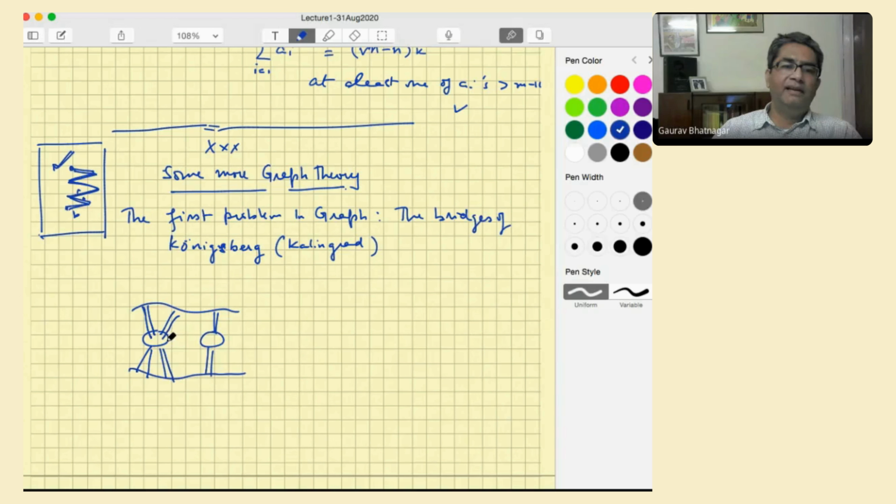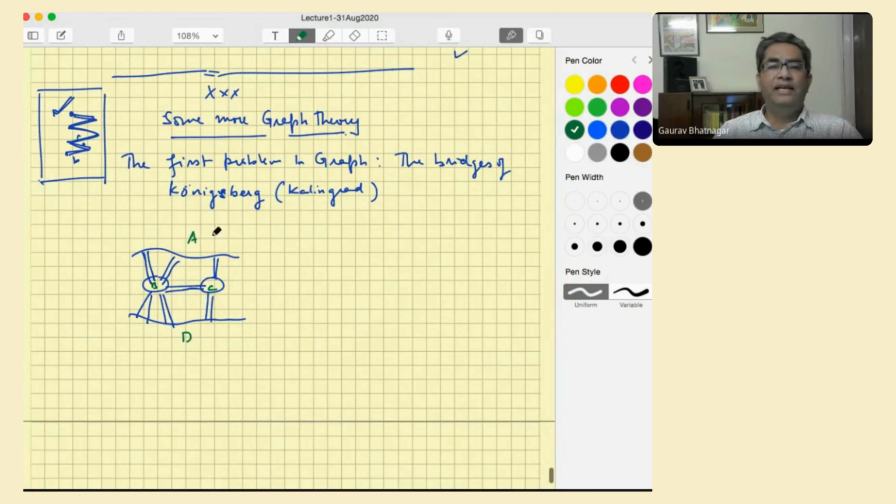These parallel lines are bridges, and you have these sort of islands. Okay, and the problem was that you have to traverse the bridges. So there should be seven: 1, 2, 3, 4, 5, 6, 7, right?